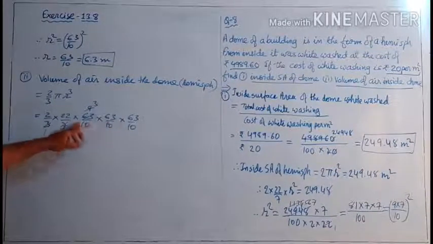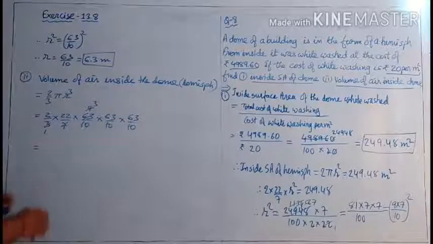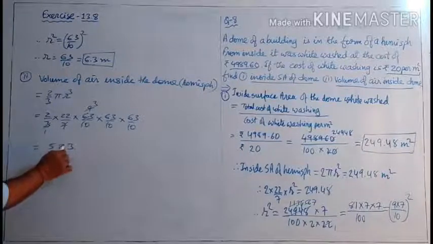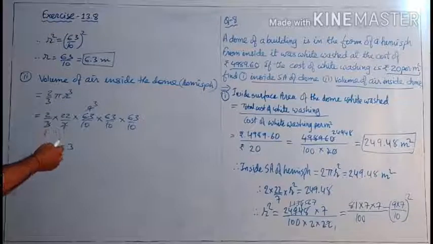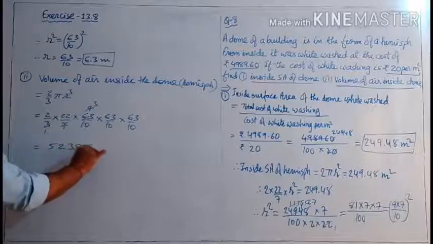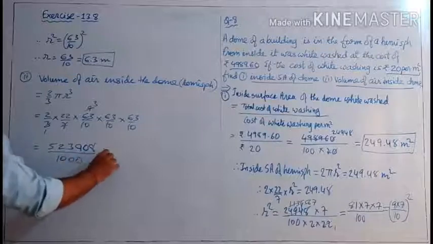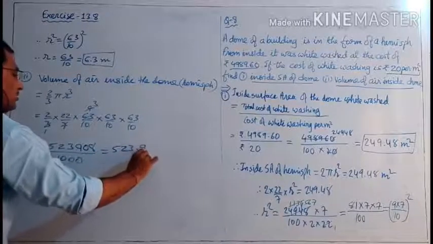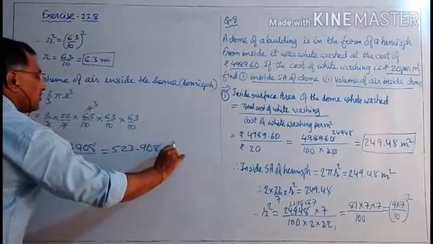So when we multiply 2 into 22 into 3 into 63 into 63, we get 523908 divided by 1000, and that is equal to 523.908 meter square.